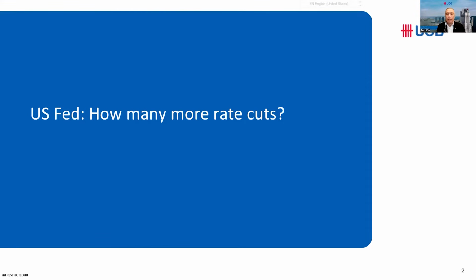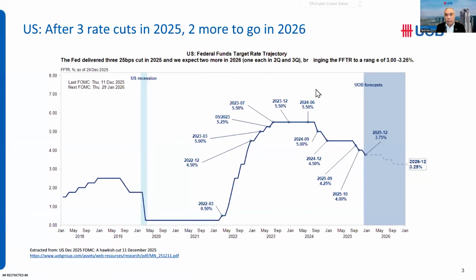How many more rate cuts are we going to see after 3 cuts last year? Our team's view is that we are looking at 2 more rate cuts this year in 2026 at this point, because there is a lot of uncertainty, not just what Kevin talked about earlier on the geopolitical side, but also within the Fed itself, it is not uniform in their view, right?